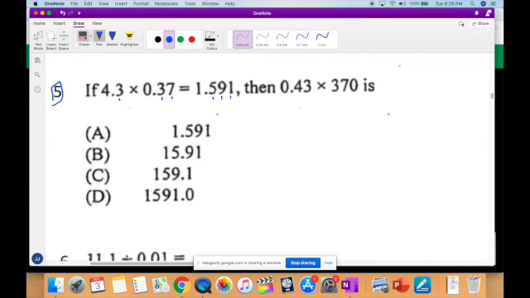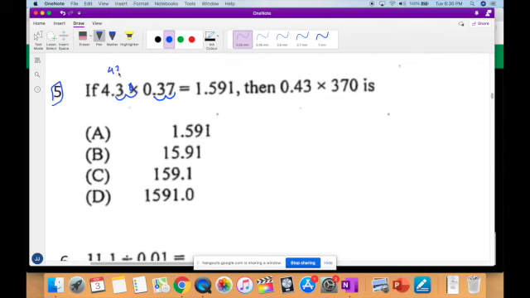How did anybody work this question out? What are some ways to work this out? What I did was shift the points to make the numbers whole numbers. So if you multiply by 100, 1, 2, and then 1, 2, so that's 4, 30, and 37.